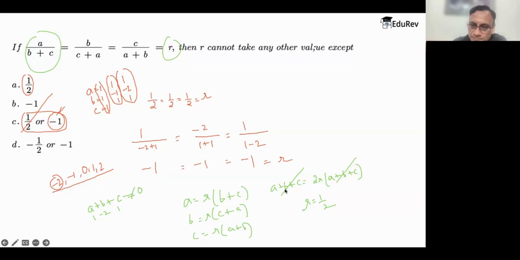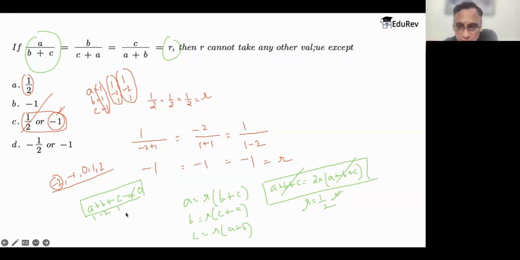Because if you see here, the important part is here, A plus B plus C is equal to 2R times A plus B plus C. So if we cancel A plus B plus C on both sides, obviously we are assuming that A plus B plus C is not equal to 0. So we'll come back to this. But if we cancel, we get R is equal to half. So we get one answer. Now A plus B plus C is not equal to 0, we are assuming. What if it is equal to 0?